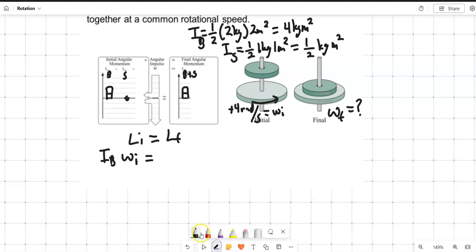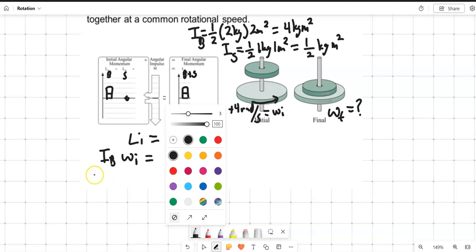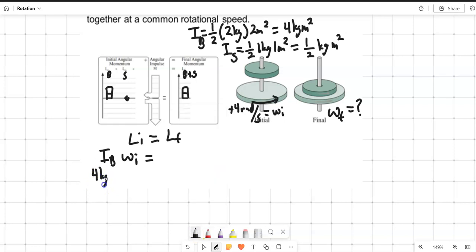We determined it before: 4 kilogram meter squared times 4 radians per second. In the end, the big disk's moment of inertia is now being added to the small disk's moment of inertia, and that's their final angular velocity.